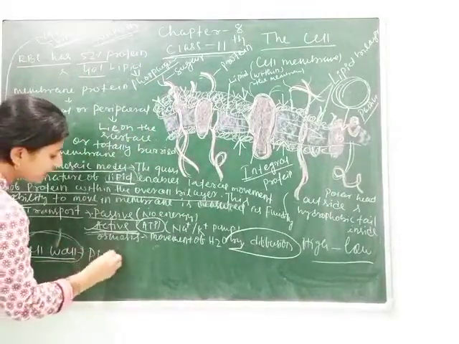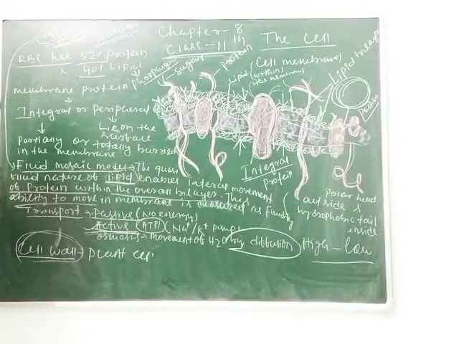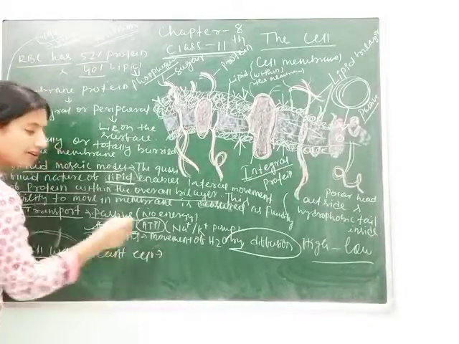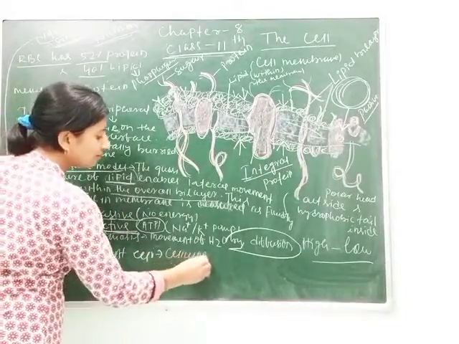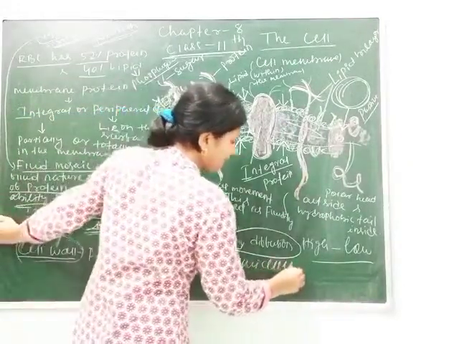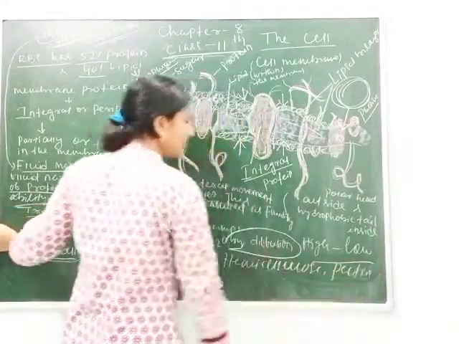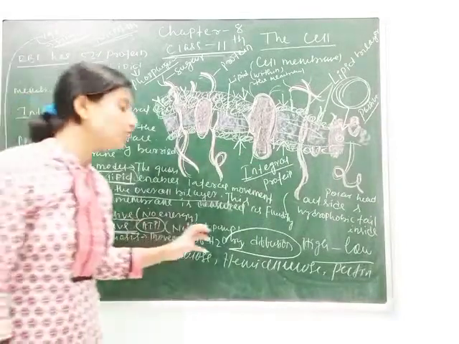If we see the plant cell, the animal cell, the bacterial cell, the fungal cell, etc., the plant cell is made up of which substances? They are cellulose, hemicellulose and pectin. These are the substances which make the cell wall and give strength and rigidity to it.